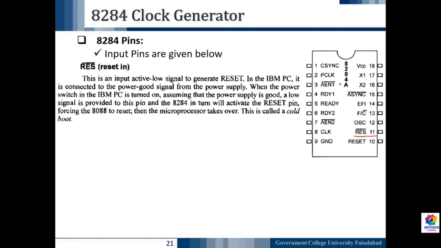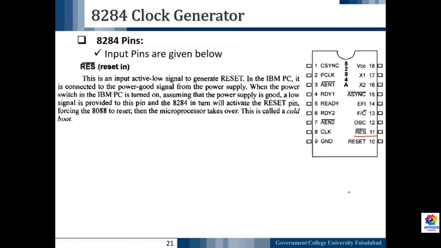In response the 8284A will generate an active high signal through pin number 10, which is connected to the microprocessor, and through this pin the 8284 will reset the microprocessor.